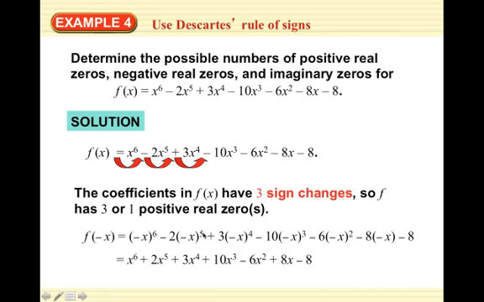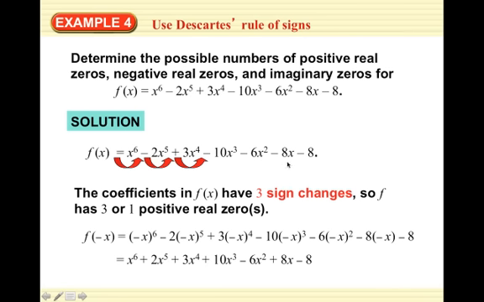For the terms with an odd degree for the exponent, so the 5, 3, and the 1, you end up with a sign change. So whereas we had minus 2x to the 5th in f of x, we have plus 2x to the 5th. Whereas we had minus 10x cubed in f of x, for f of negative x, we have plus 10x cubed.